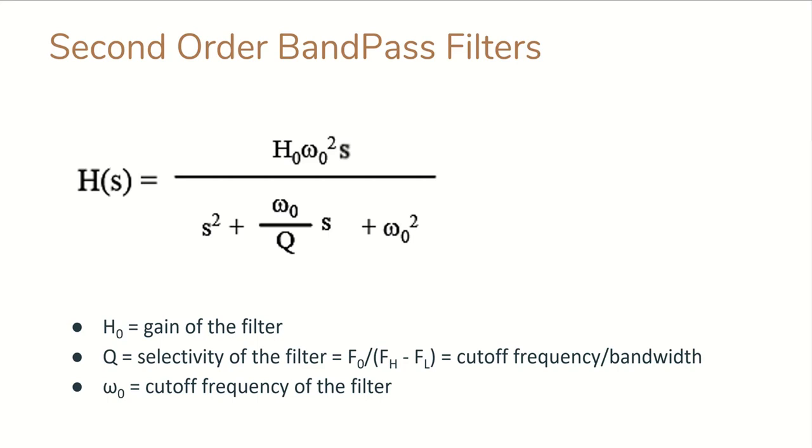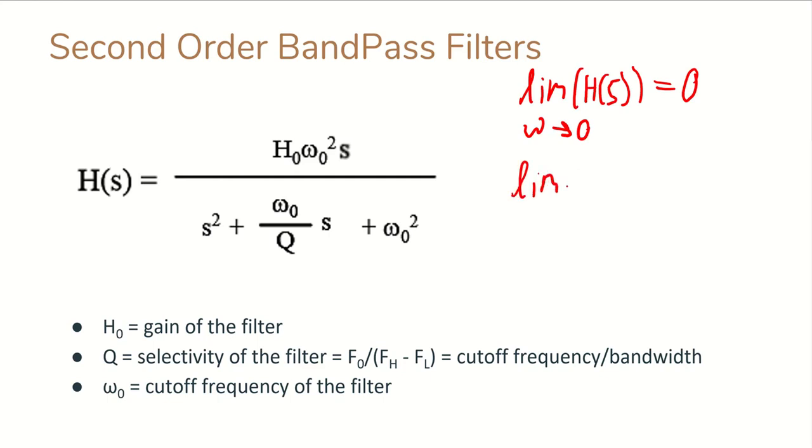So if you take the limit of this transfer function as omega approaches 0, you will get 0. And then if you take the limit of this transfer function as omega approaches infinity, you will also get 0.